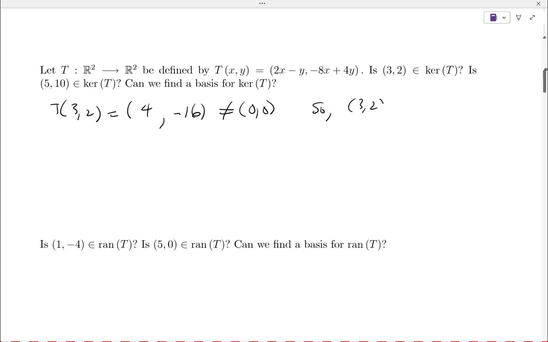So (3, 2) is not in the kernel. T of (5, 10), I think I do get (0, 0) in this case. So (5, 10) is in the kernel.